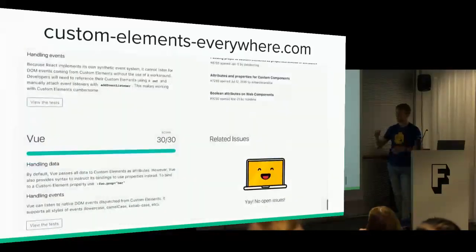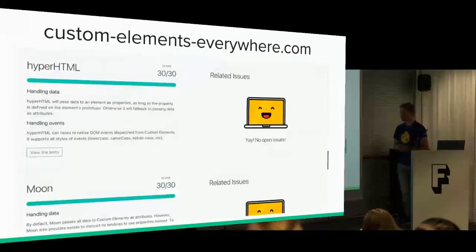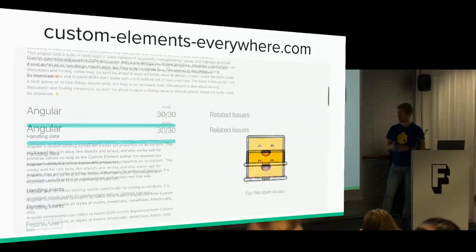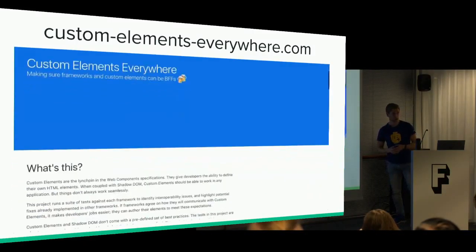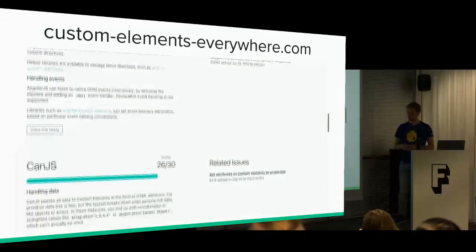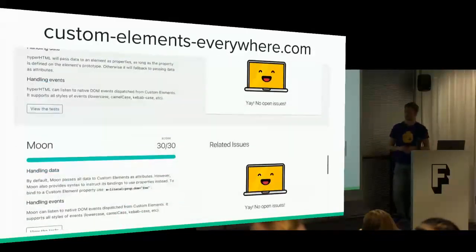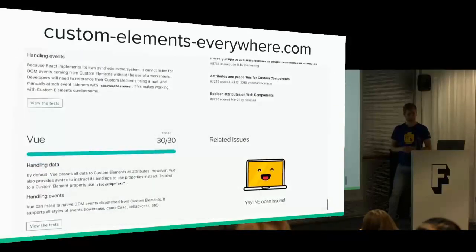He has listed pretty much the most popular JavaScript frameworks and how web components work in them. For example, they work perfectly on Vue, perfectly on Angular, but not so great with React at the moment. But I'm really hoping that in the future, for example during this year, all of these frameworks will reach the 30 out of 30 score.